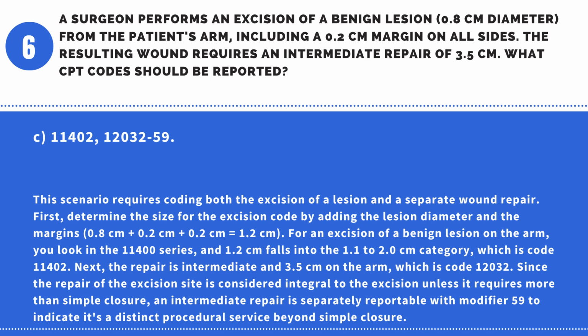For an excision of a benign lesion on the arm, you look in the 11400 series, and 1.2 cm falls into the 1.1 to 2.0 cm category, which is code 11402. Next, the repair is intermediate and 3.5 cm on the arm, which is code 12032. Since the repair of the excision site is considered integral to the excision unless it requires more than simple closure, an intermediate repair is separately reportable with modifier 59 to indicate it's a distinct procedural service beyond simple closure.